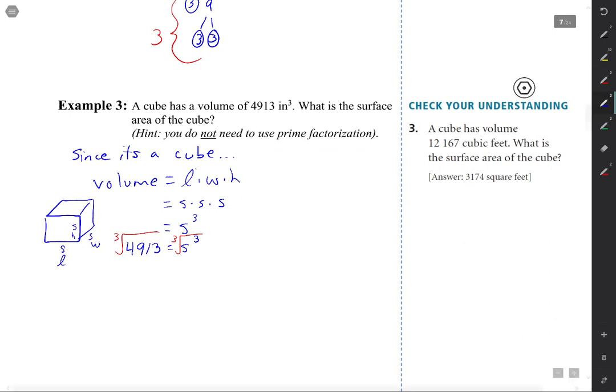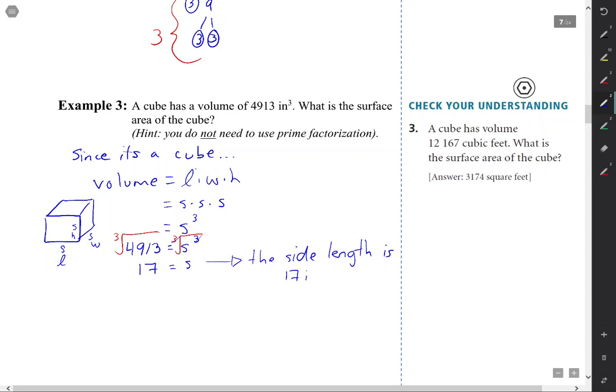So if you use your calculator and do the cube root of 4,913, you get 17, and that is equal to S, because this cube root and this cubed cancel each other out. So another way we could say that is the side length is 17 inches.